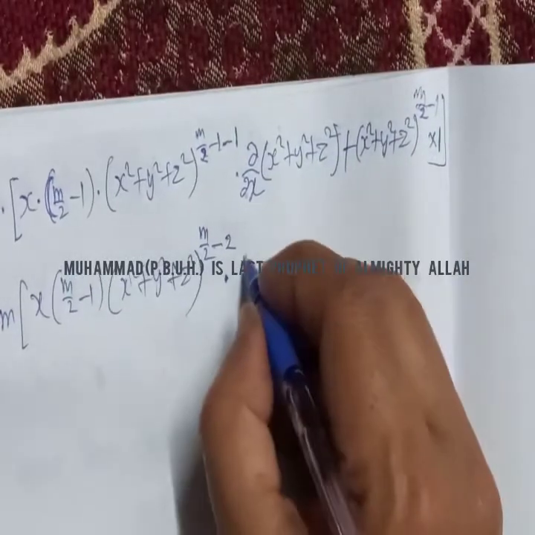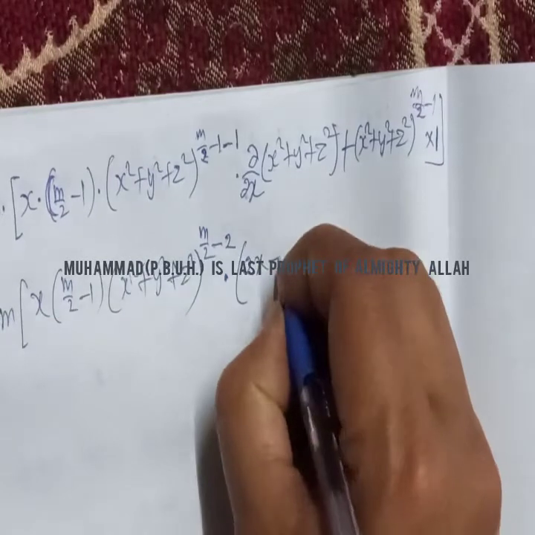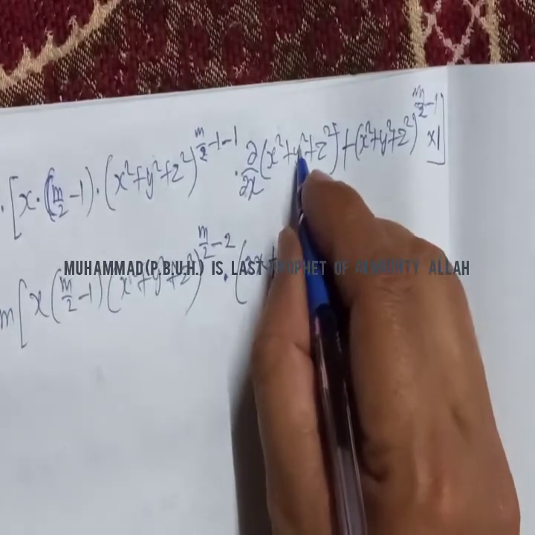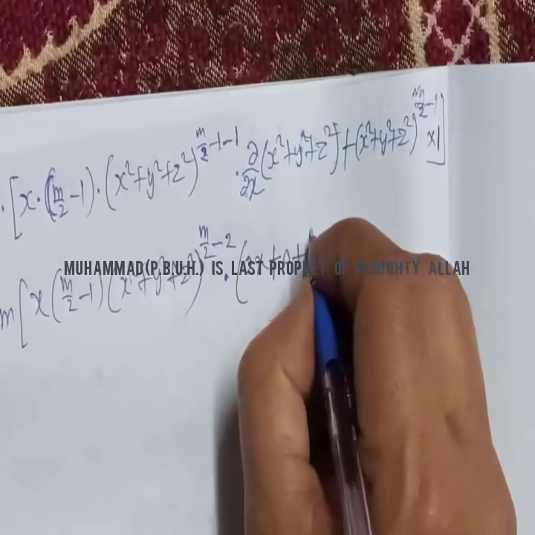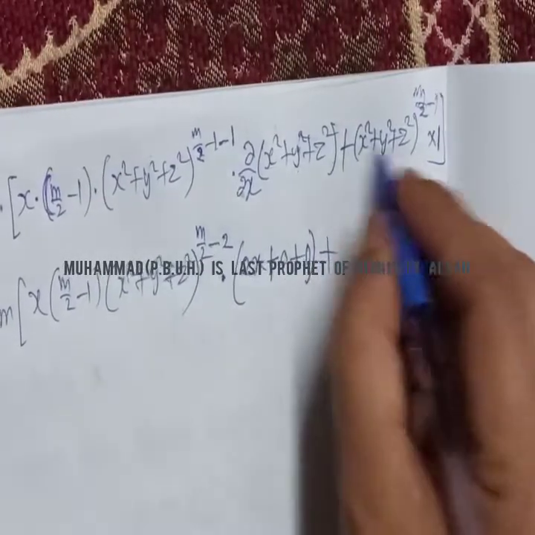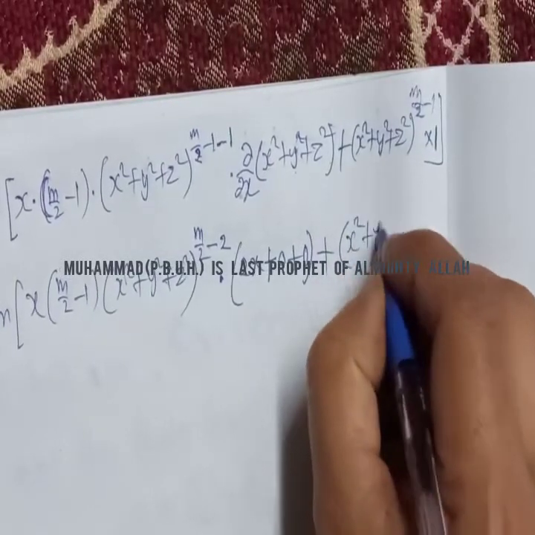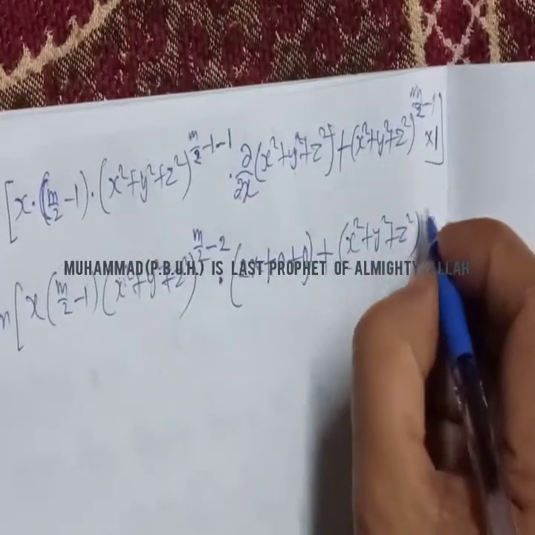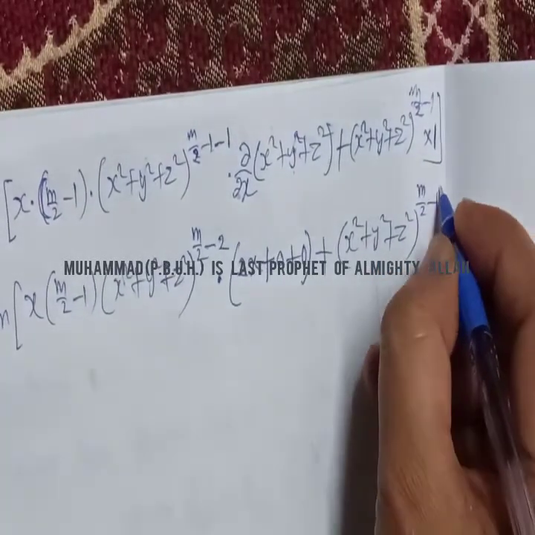Differentiate this value. Differentiation of x² is equal to 2x with respect to x partially, and for x, y and z constant, so differentiation of these quantities is equal to 0. Plus write this without any change, (x² plus y² plus z²) whole power m by 2 minus 1.